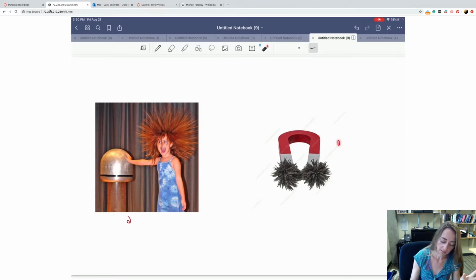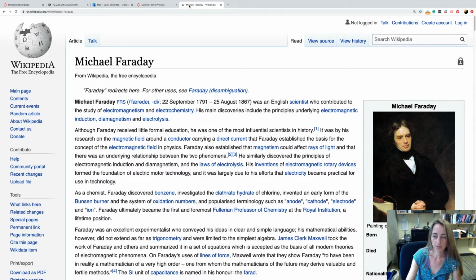On this side, we've got iron filings that are tracing out the three-dimensional magnetic field around the ends of a horseshoe magnet. The reason why I wanted to look at these images is I want you to imagine back in the time of Michael Faraday.